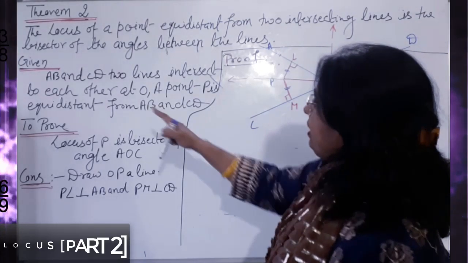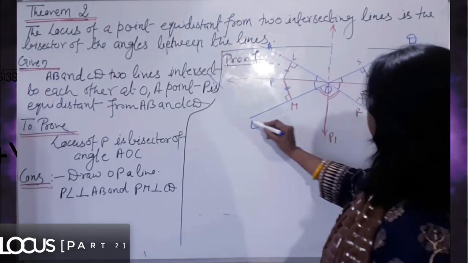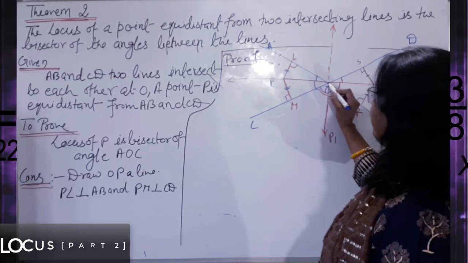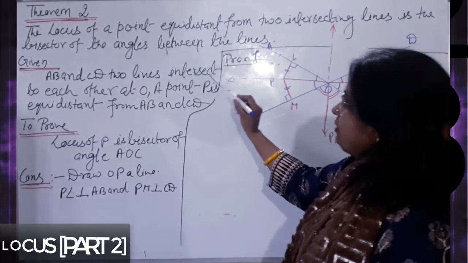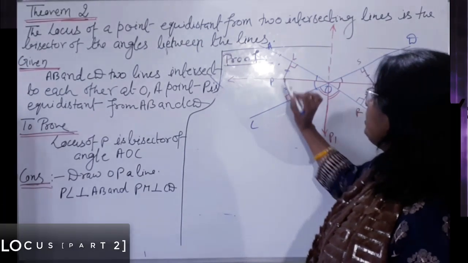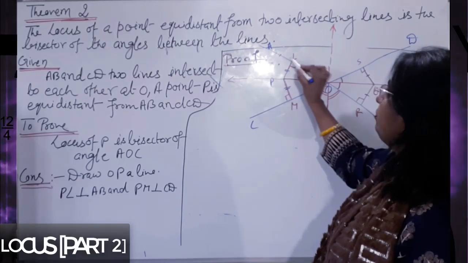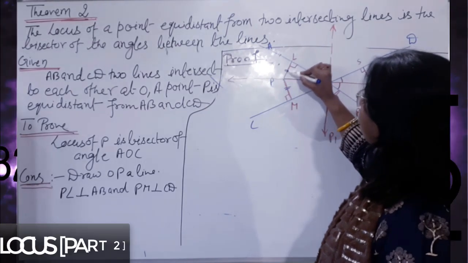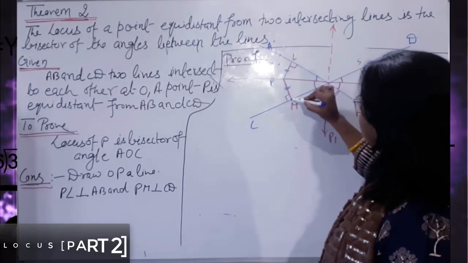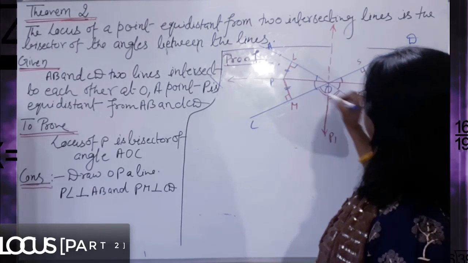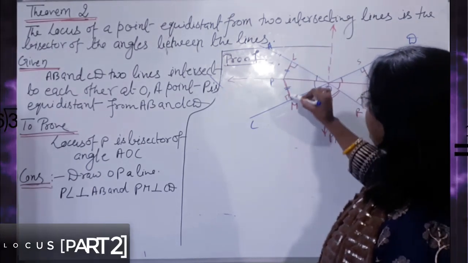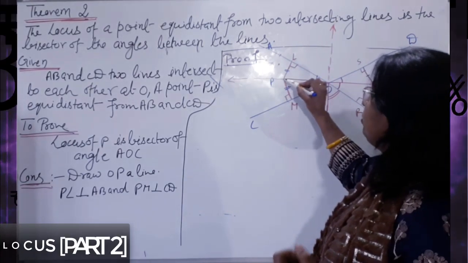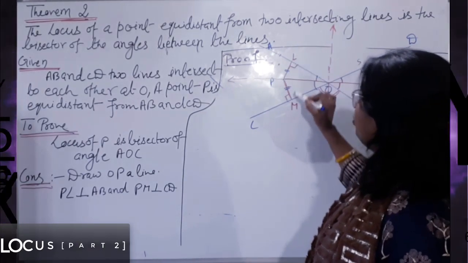Now what is given? AB and CD, two intersecting lines are given, and the intersecting point is O. A point P is taken equidistant from these two lines. That means from this point I have drawn perpendiculars to both lines AB and CD, and both perpendiculars are equal because P is equidistant from both lines.